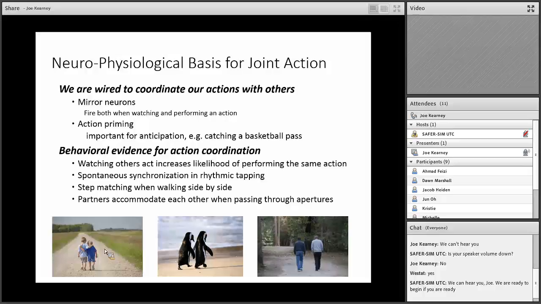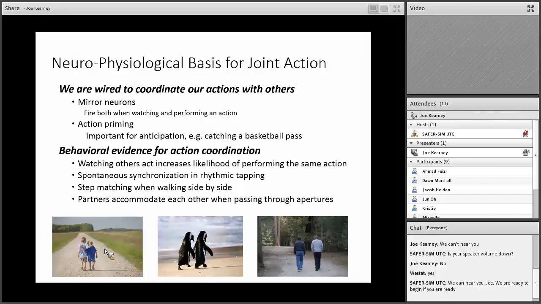So simply watching someone else perform an act increases the likelihood that you will as well perform the act, even when you didn't plan to do it. When people are asked to tap out rhythms, they spontaneously synchronize, even without instructions to do so. Observations of people walking together reveal that people tend to fall into a sort of lockstep, matching steps when walking side by side.